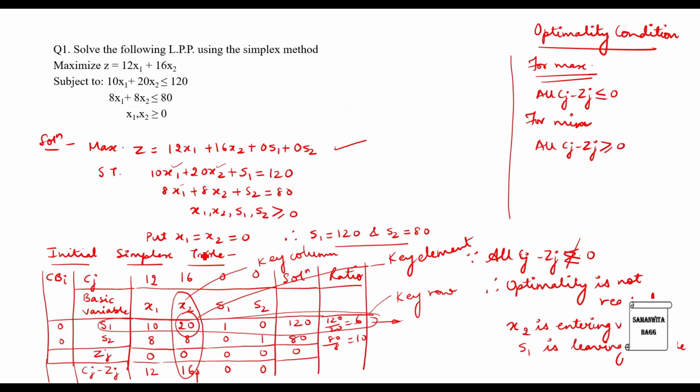Next we will talk about the first element, 8. Here we need to substitute some value, and for that there is a formula. The new element that we obtain will be the old value that we had, that is 8, minus the corresponding key row value into the corresponding key column value, divided by the key element value.